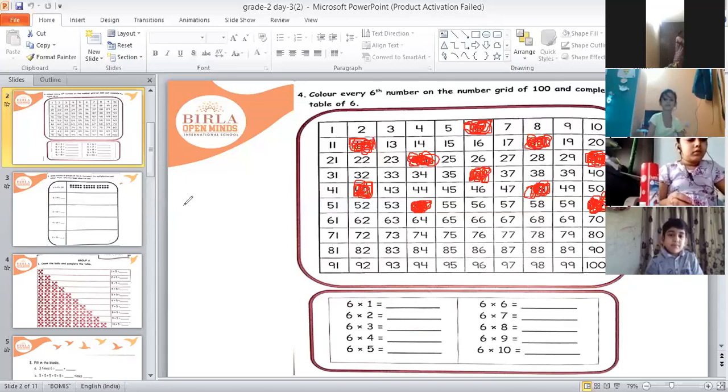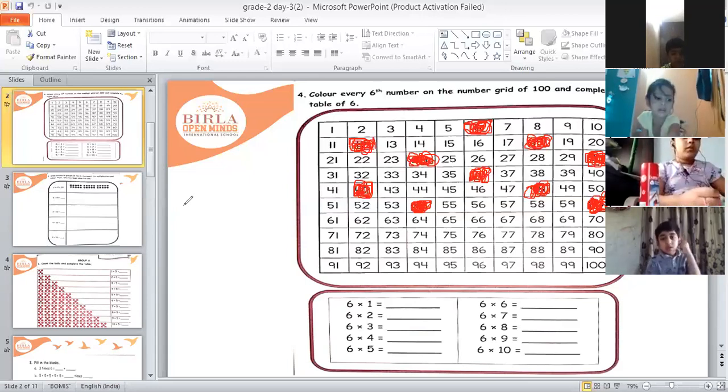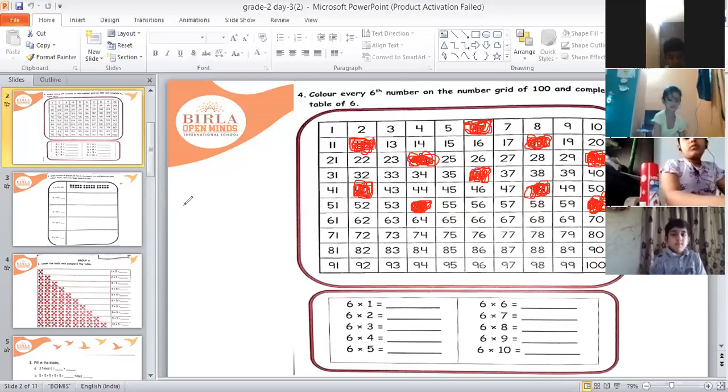Yes. So we have colored 10 numbers, or 10 boxes here, right? Whenever we write a table, generally we write it till 10, right? So this means that we have completed our 6 table.